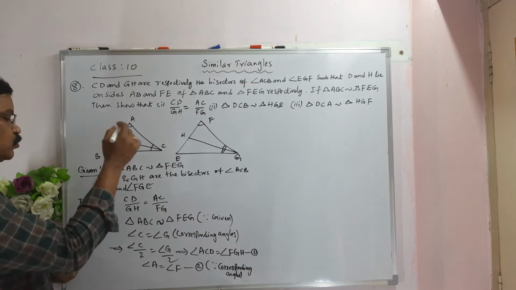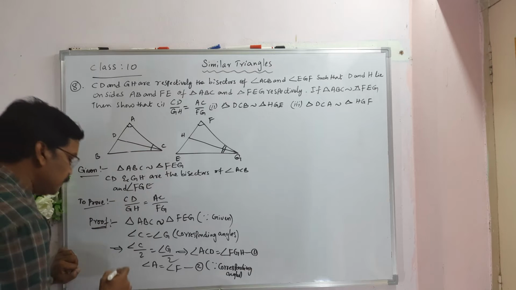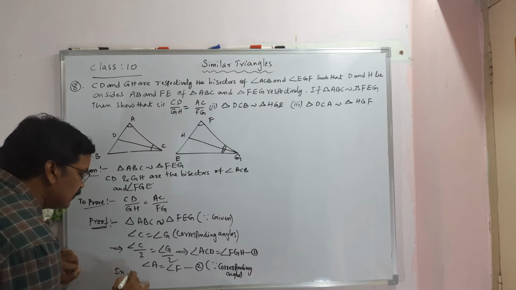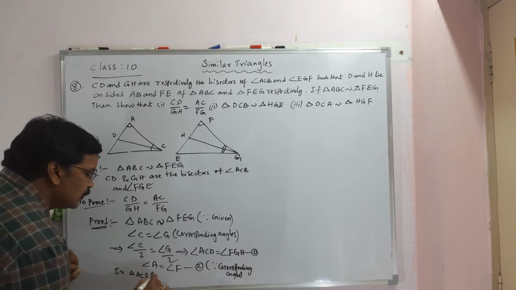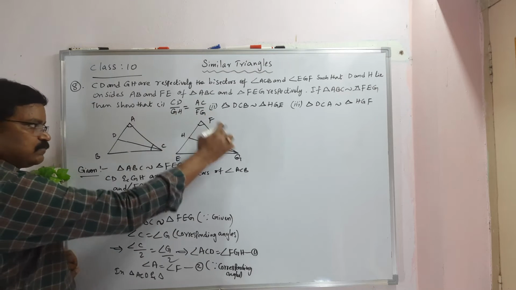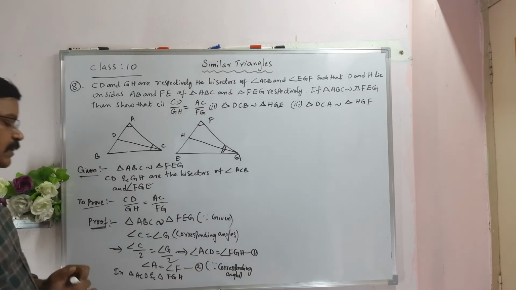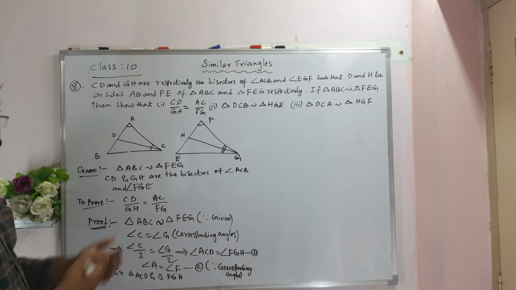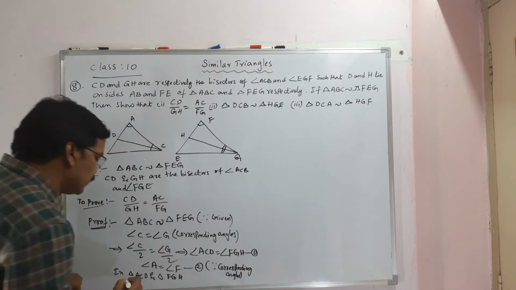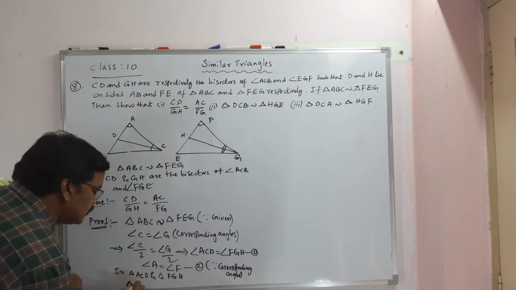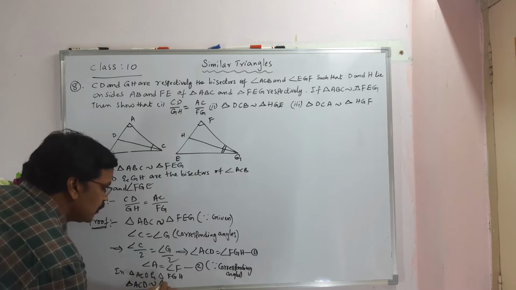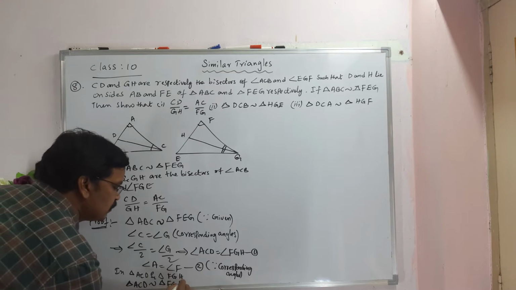Therefore, in triangle ACD and triangle FGH, the two triangles become similar. Why? Triangle ACD is similar to triangle FGH.